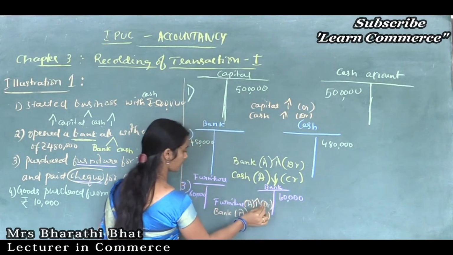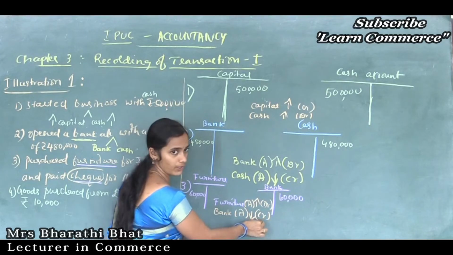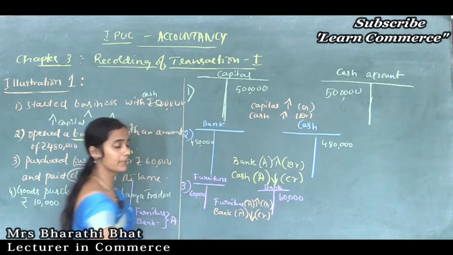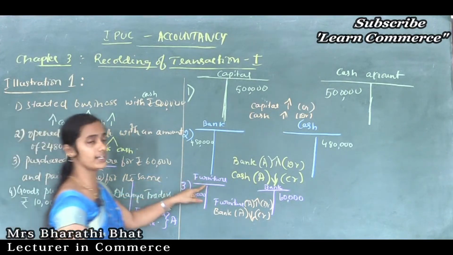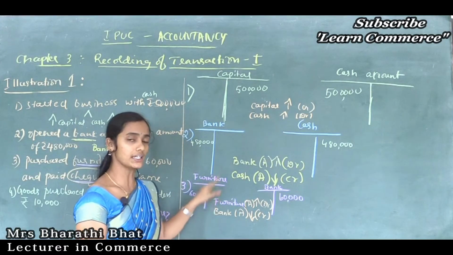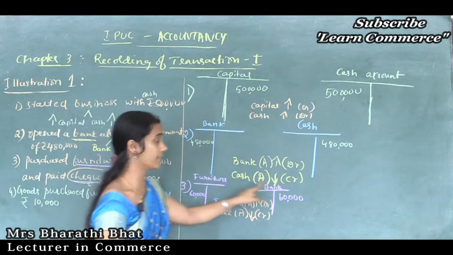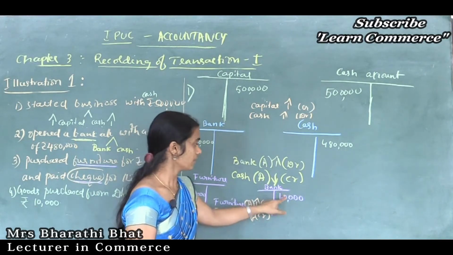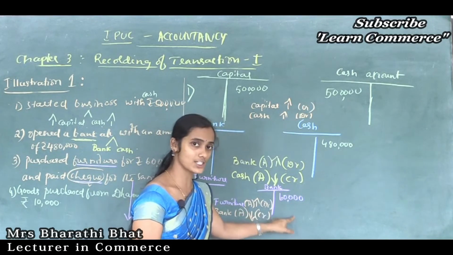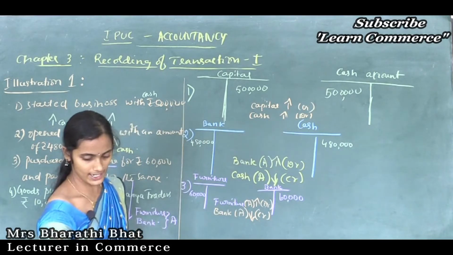So the amount of debit equals the amount of credit here. Getting my point? So according to the third transaction, furniture is an asset, increases in asset is to be debited. Next one is bank, because the check was paid, so decreases in asset is to be credited.